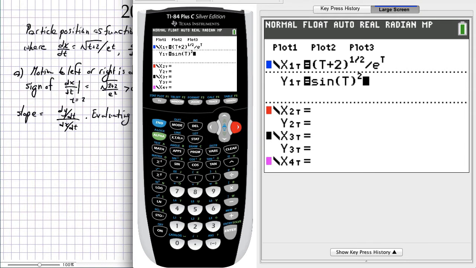So now, having put them in throughout the rest of this problem, I just make reference to them using the vars button.